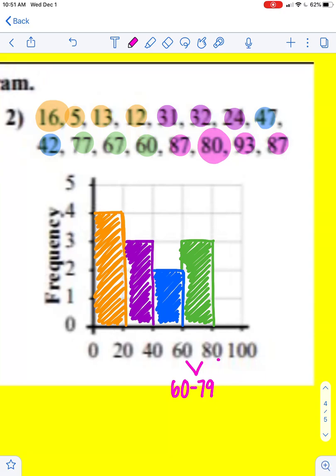And over here, this would actually be 80 to 99. So you're always going to move those multiples of 10, like 70, 80, 20, into the bigger range of the 2 when you do these, okay?